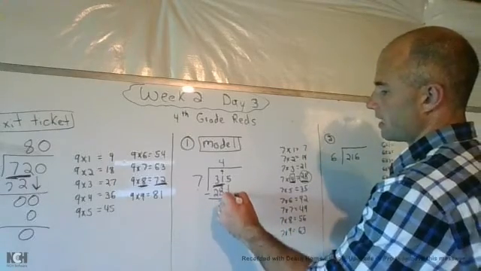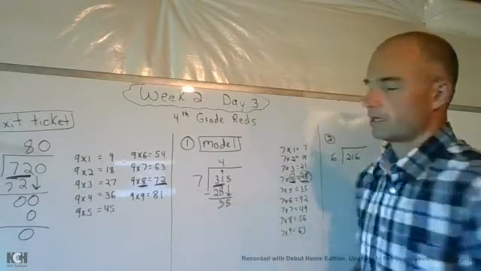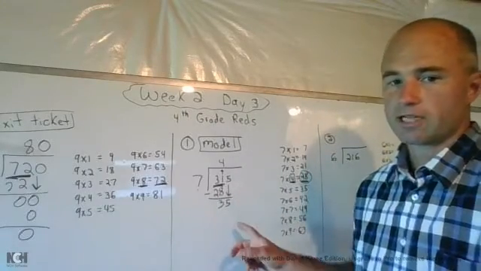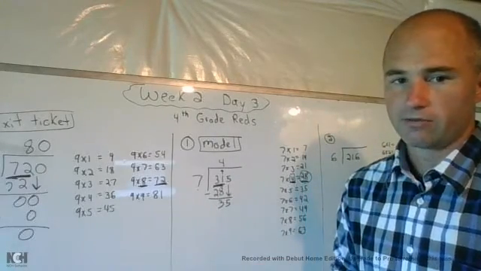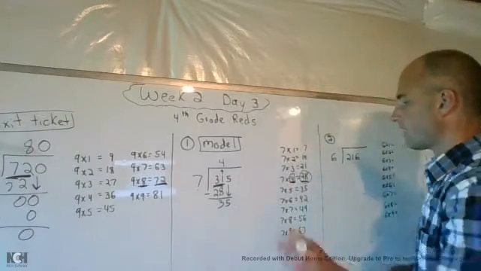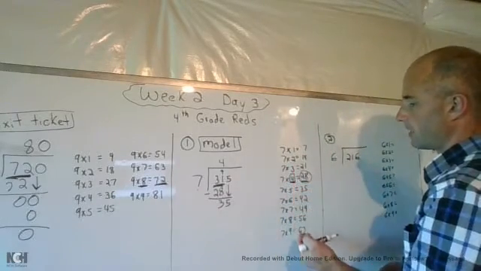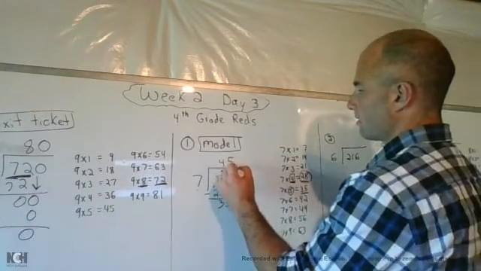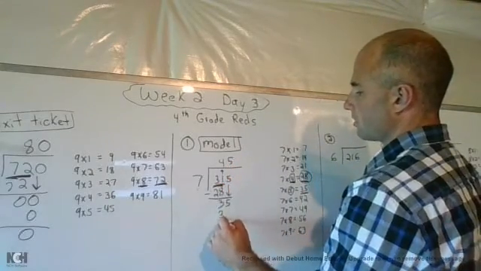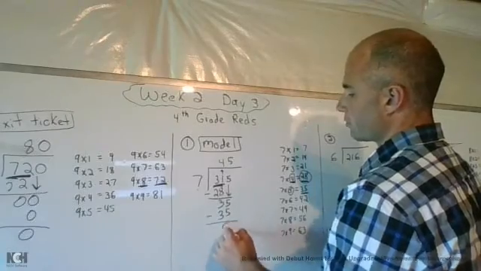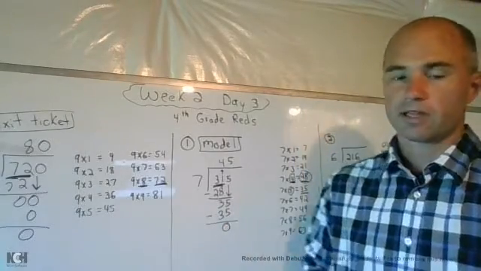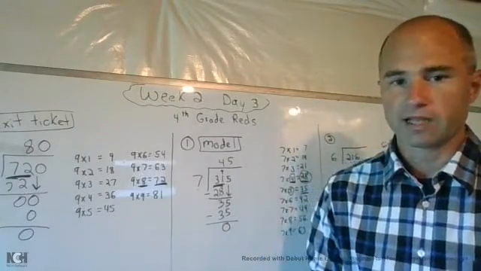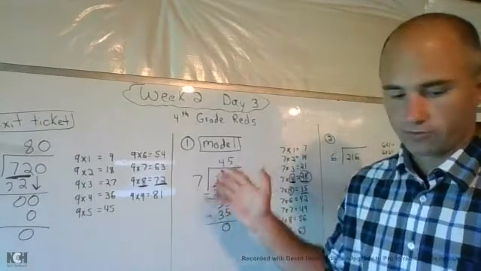Now I bring down the 5, so now it makes 35. 7 goes into 35, according to my multiplication facts, 5 times. 5 times 7 equals 35. I subtract, and I end up with nothing left over. Therefore, my answer for the model problem is 45.